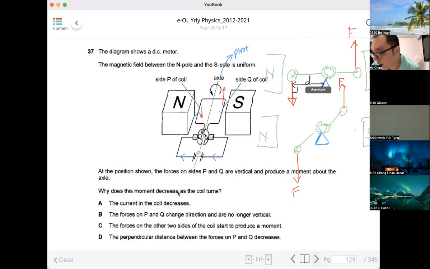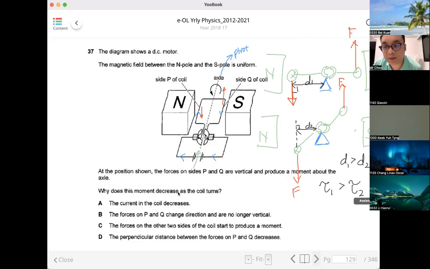But for the second one, this is the perpendicular distance. Can you see? So D1 and D2. D1 is more than D2, so moment 1 will be more than moment 2. Is that clear? Why? Because the formula of the moment is F times D1 and F times D2.